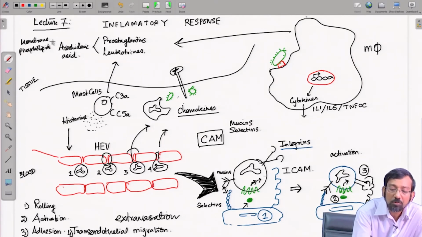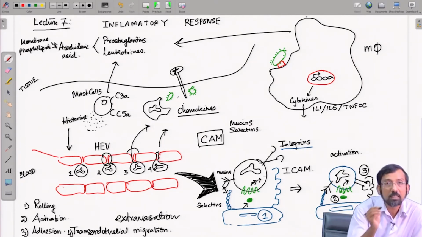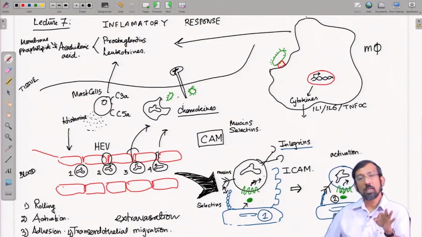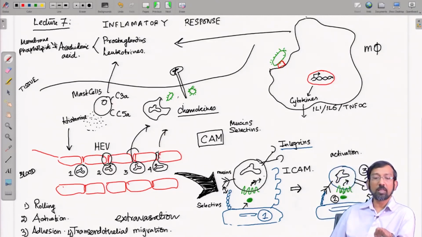So, this we will discuss in more detail when we discuss hypersensitivity reactions. For the time being, we just need to know that prostaglandins and leukotrienes come from arachidonic acid, and they are produced by the mast cells as well as by activated macrophages, and there is also histamine from the mast cells.